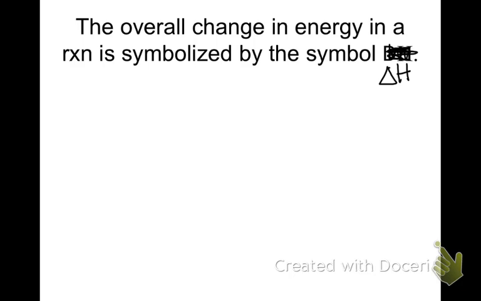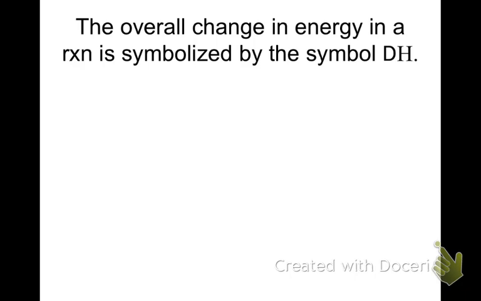When we look at it, if it's positive or negative, it can tell us if that process is endothermic or exothermic, and that symbol is delta H, change in energy. I don't know why they chose the letter H, but they sure did.